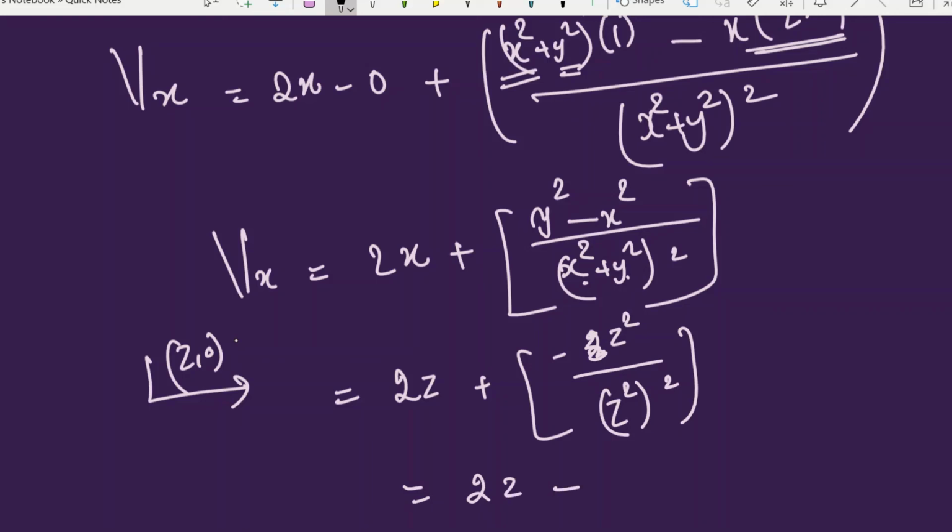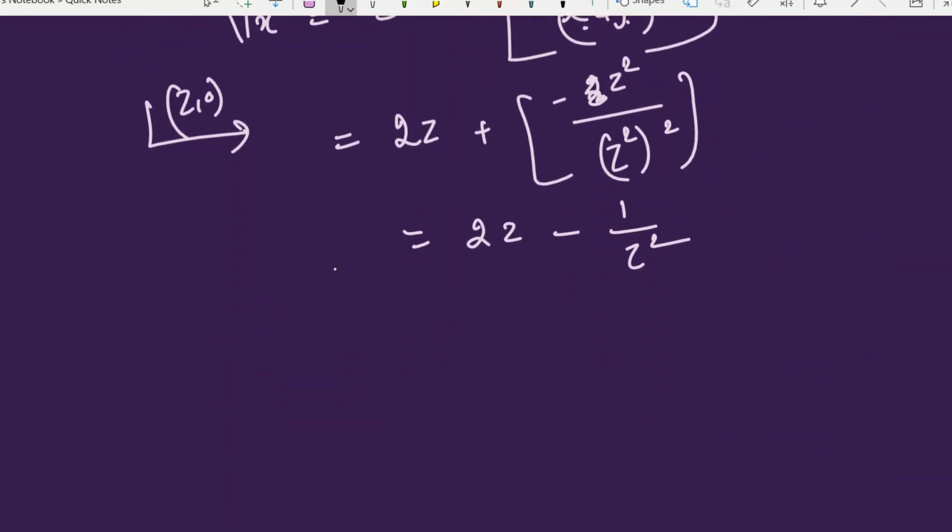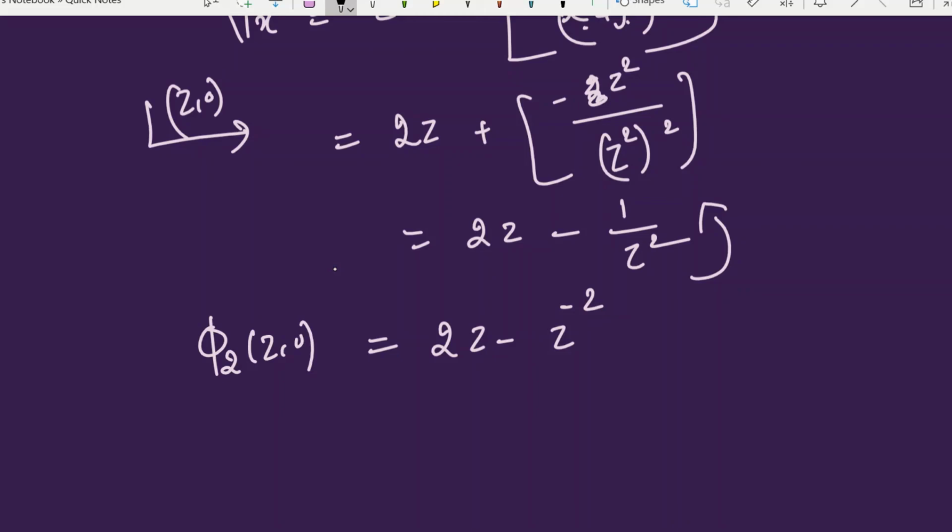So 2z minus z square get cancelled, minus 1 by z square. 2z minus 1 by z square, we can take it as z power, move this z square on numerator, z power minus 2. This is my phi 2 value.